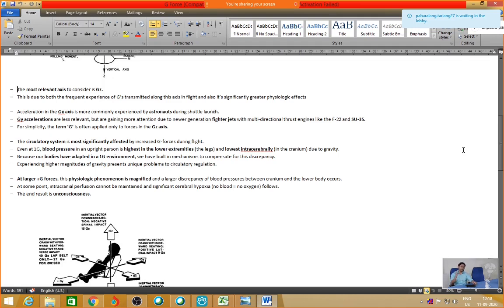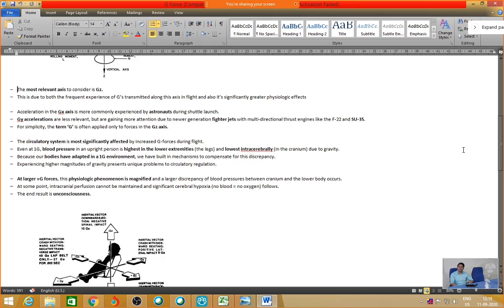You can look for some videos on the internet to see how the rocket is oriented when the people are sitting, when a space shuttle is tethered to a rocket. The orientation with which the pilot is sitting is a little bit different compared to the aeroplane. In those scenarios, generally the GX axis will be more dominant, or come more into play.